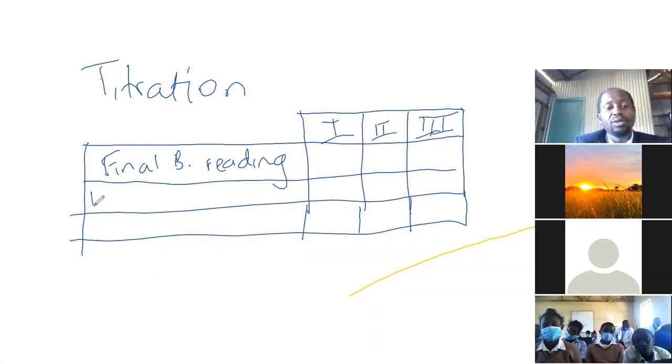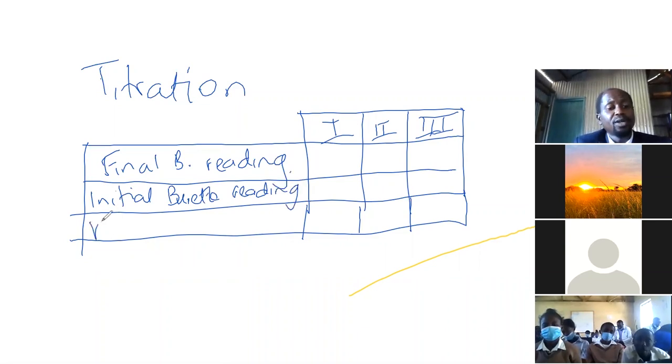Second row, initial burette reading. And third row, the volume of a solution used. Maybe we can call it solution A used in cubic centimeters.